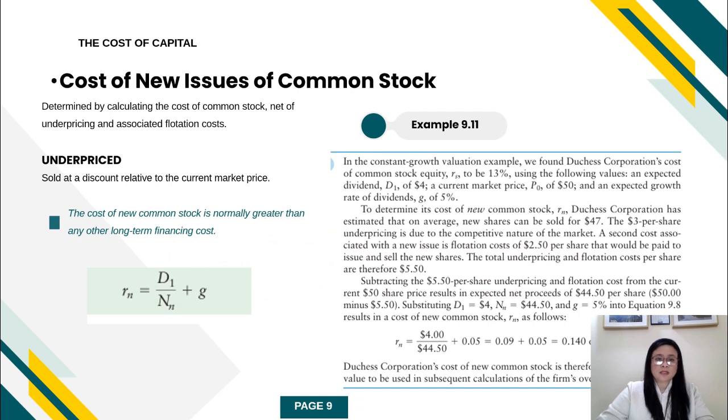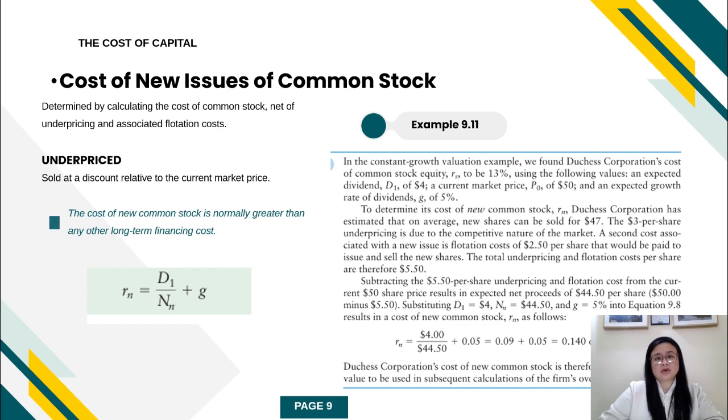Okay. The cost of new issues of common stock. Imagine again your milk tea stand needs more money to expand, and you've already used your savings, the retained earnings, and now you need to sell new shares of your milk tea stand company to raise capital.